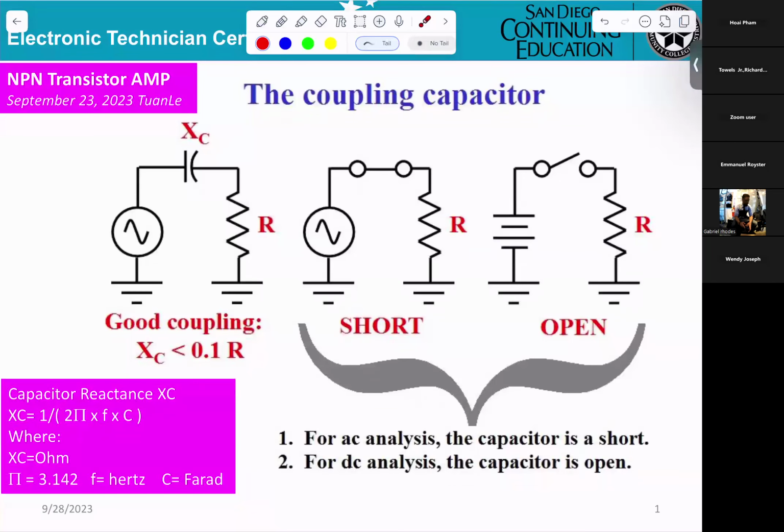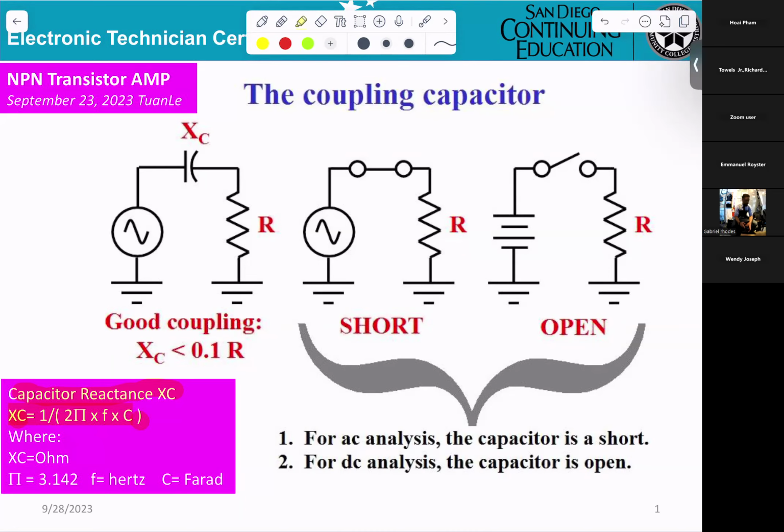And now, what they telling you, capacitor reactance. Okay. Xc equal 1 over 2 pi times F times C. Okay.